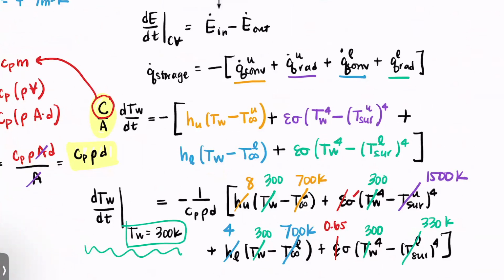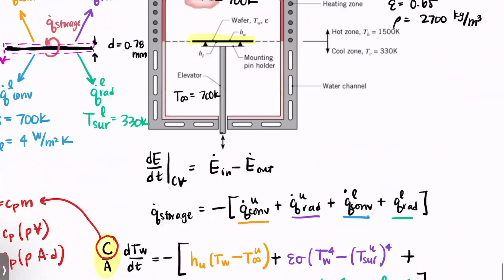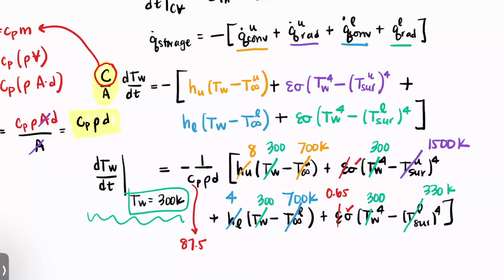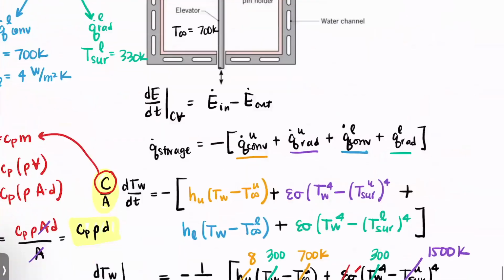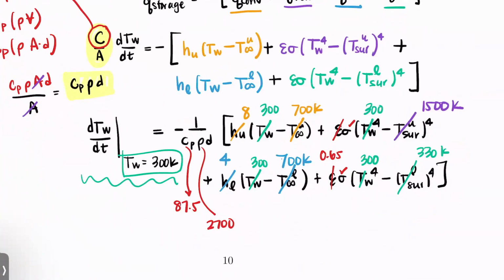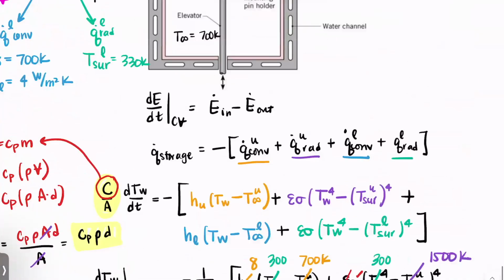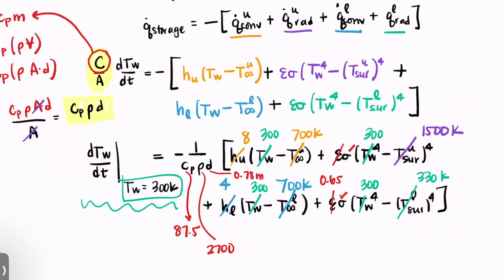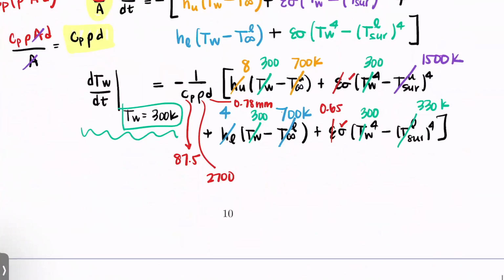So that one's known as well. And then we know that CP is 87.5. Rho is 2,700. And diameter is something small, 0.78 millimeters. All right, so when we calculate this, we get that dTW dt at TW equals 300 is 104 Kelvin per second.